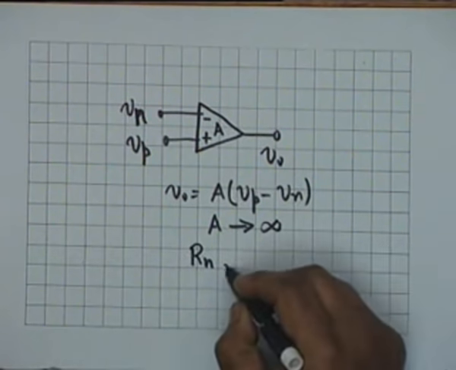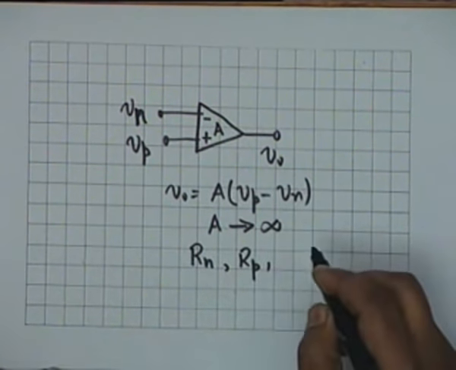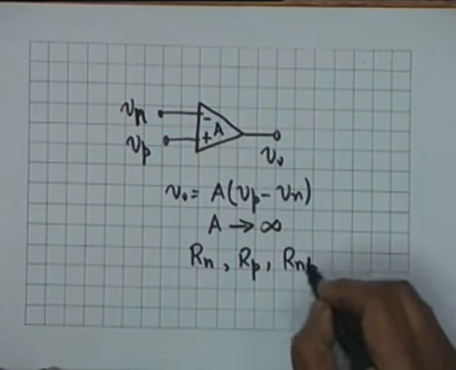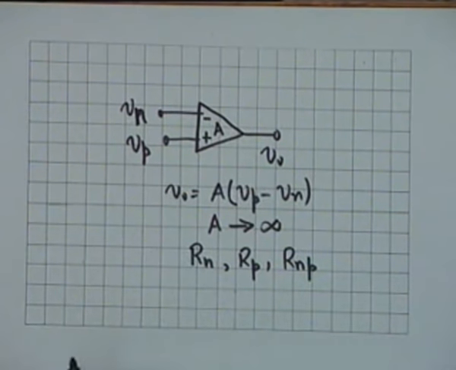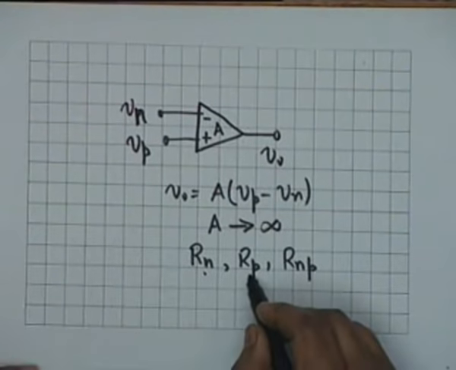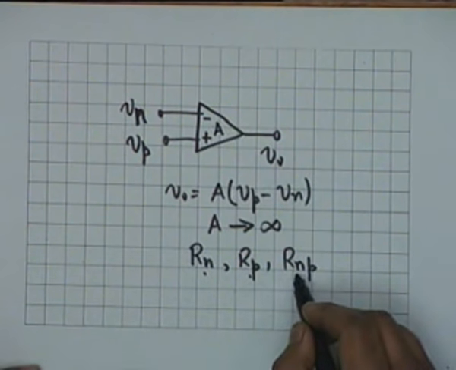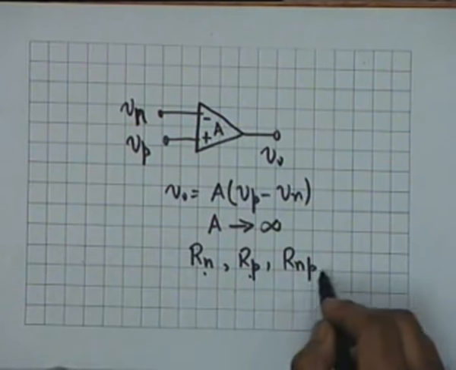Rn, Rp and Rnp, which respectively denote the input resistance looking into the inverting terminal, the input resistance looking into the non-inverting terminal Rp, and the input resistance looking between the inverting and the non-inverting terminals Rnp.